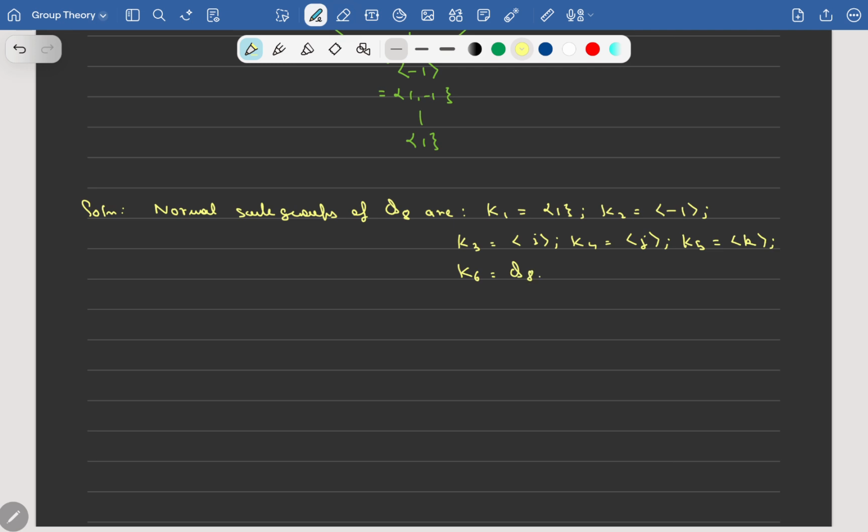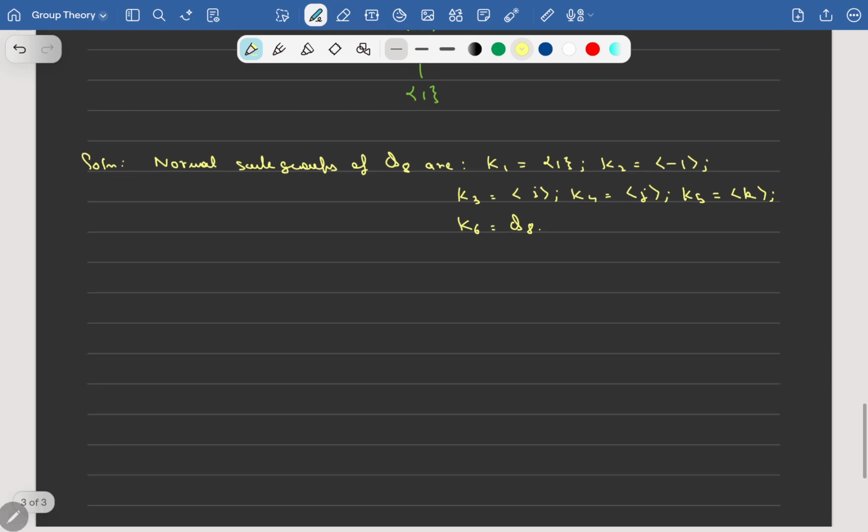So now what do we need to do? We need to identify the quotients. Let G1 be G mod K1, where G is just the whole group Q8, which should be exactly isomorphic to G itself.